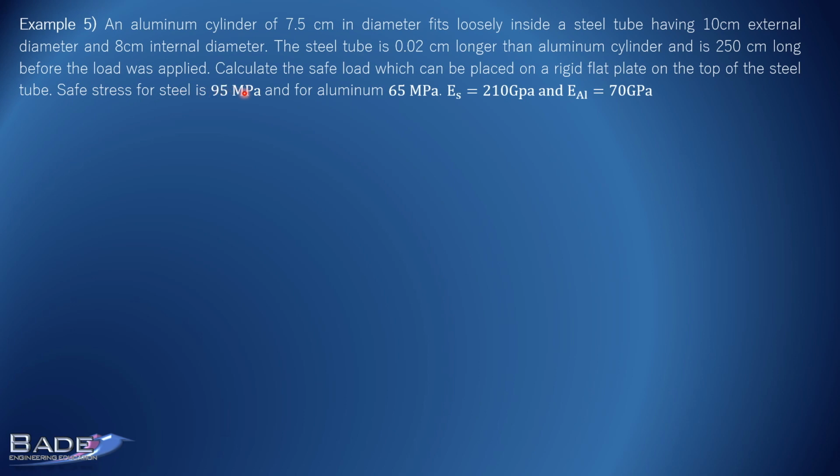Calculate the safe load which can be placed on a rigid flat plate on the top of the steel tube. Safe stress for steel is 95 megapascal and for aluminium it is 65 megapascal. Young's modulus of steel is 210 gigapascal and Young's modulus of aluminium is 70 gigapascal.